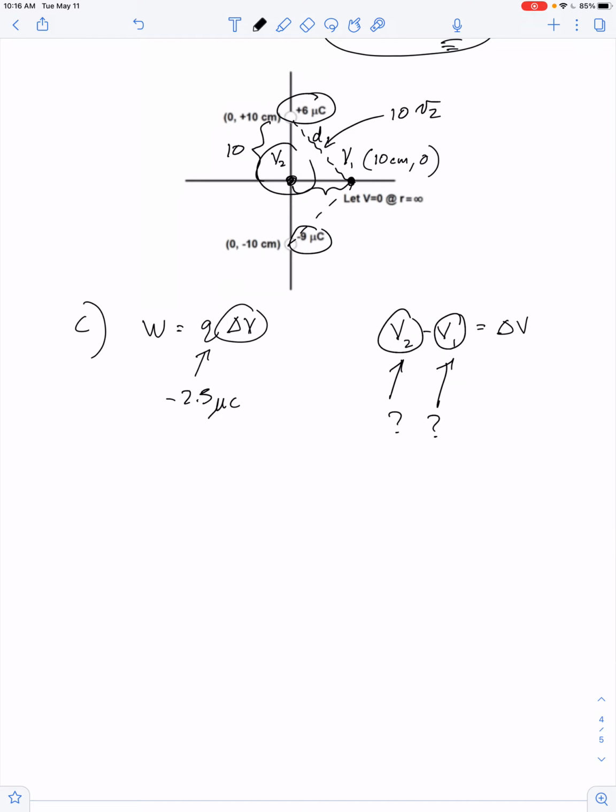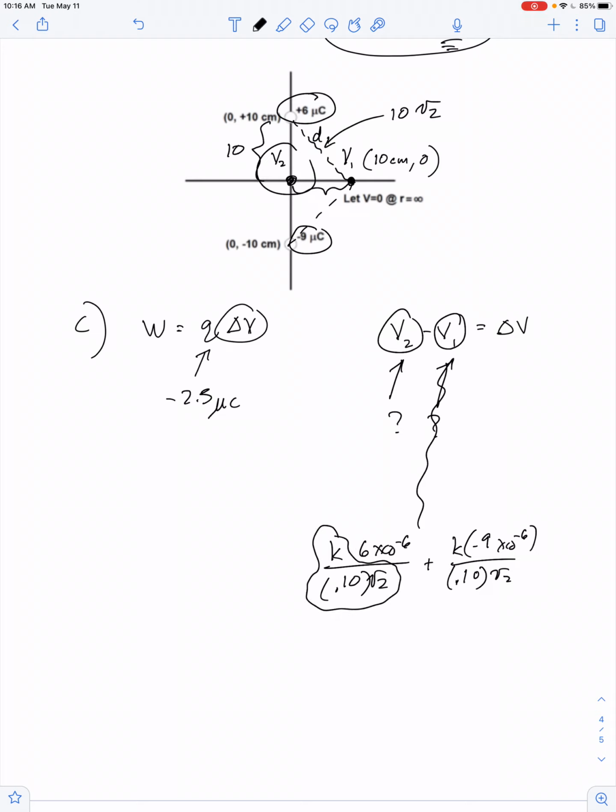So finding the electric potential at this point number 1 is based on the superposition principle. It's k times 6 times 10 to the negative 6 divided by 0.10 times root 2. I want to get it in meters, not centimeters. And then also k times negative 9 times 10 to the negative 6, also divided by 0.10 times root 2. So I can factor out the k and the 0.1 root 2.